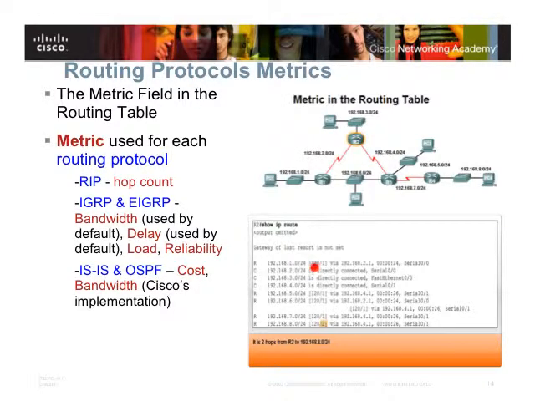And then here is where I have to see the metric. This is the metric. So we have number / number. The first number is what we call administrative distance, and this is what we will talk about later. Administrative distance, in brief, identifies the routing protocol that generated this route. Because in one router you can, in fact, run multiple routing protocols, RIP and OSPF and EIGRP all together.